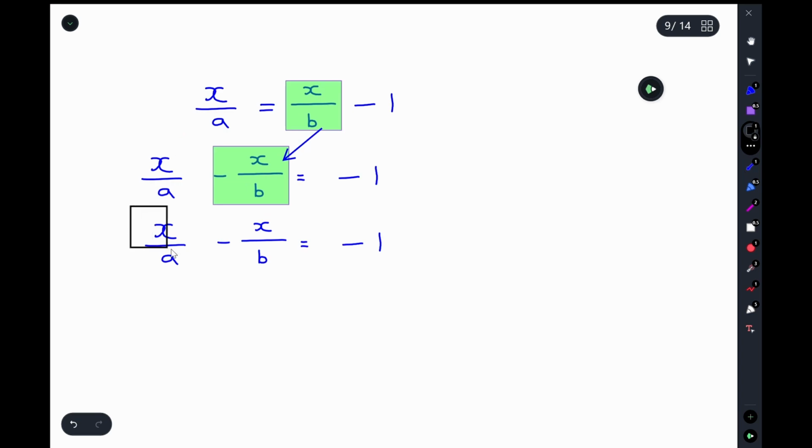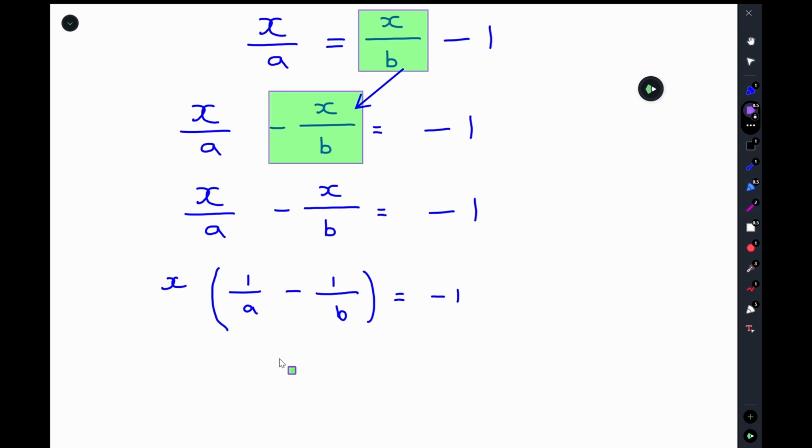Our next step would be to factorize the terms on the left. They both have x in common, so we're going to factorize that term out. Now that we've factorized the left-hand side of the equation, we need to move this to the other side. But before doing that, we have 2 separate fractions.